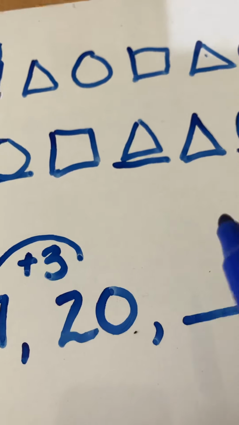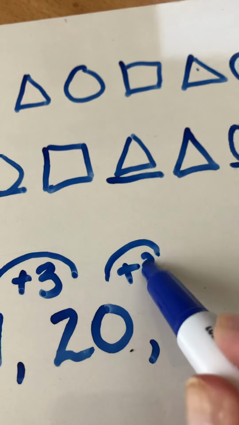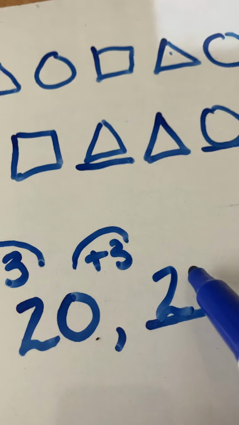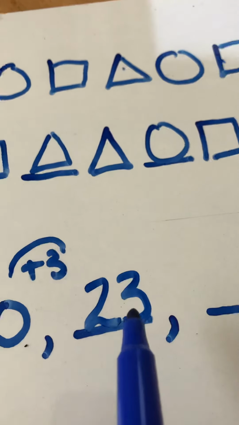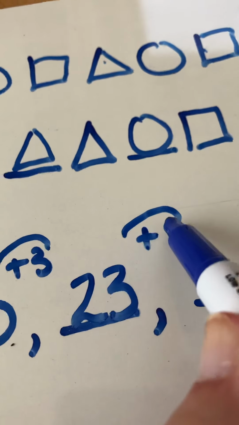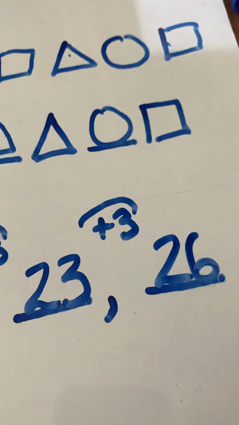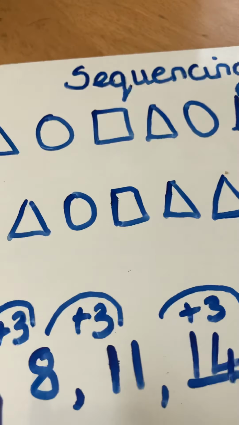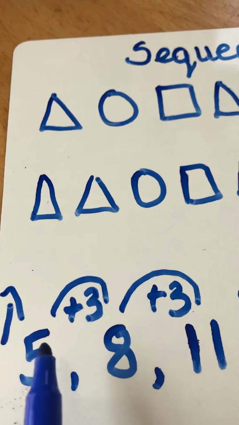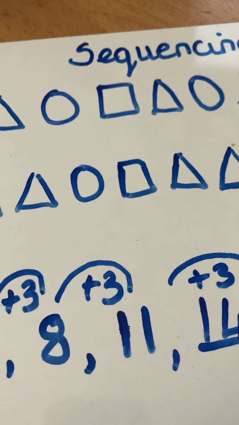What's 20 add 3? That one's quite easy, isn't it? 20 add 3 is 23. What would 23 add 3 be? Well, 3 add 3 is 6. So 23 add 3 is 26. So that pattern has been an increasing pattern of going up in 3s. We've gone up in 3s each time.